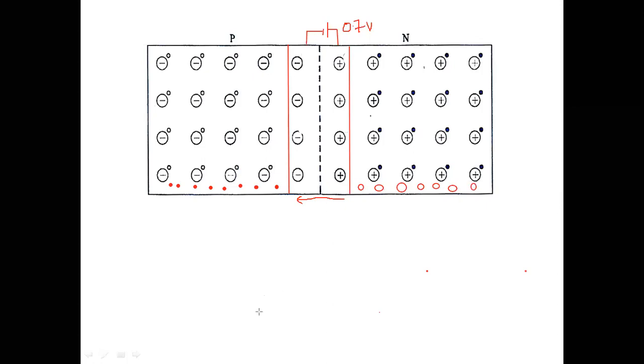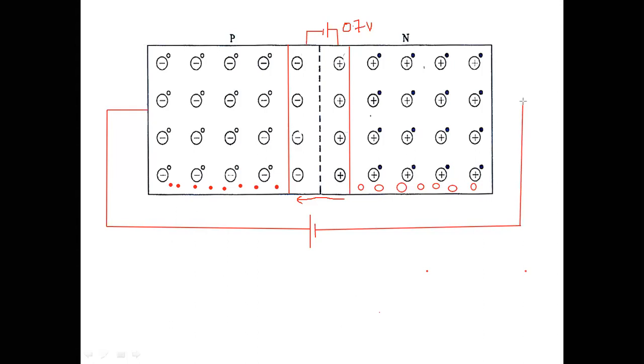So now I want to apply a forward bias voltage here. Forward biasing means the positive terminal of the voltage source is connected to p type and the negative terminal is connected to n type semiconductor material. Even until the 0.7 volts is externally applied, the current doesn't appear. I am just telling you how the electrons and holes will move on that given voltage supply.